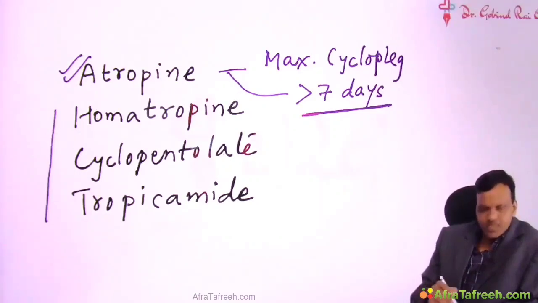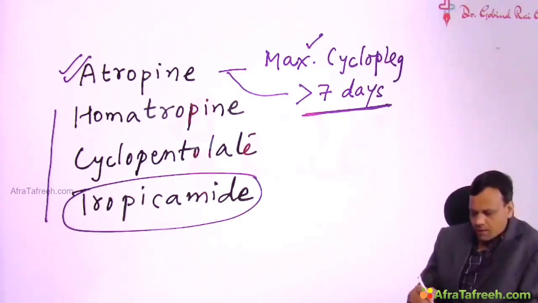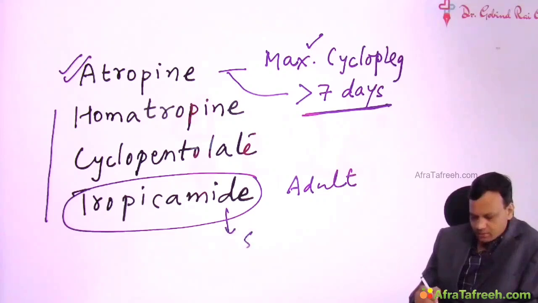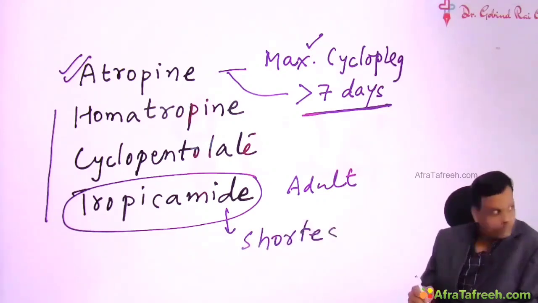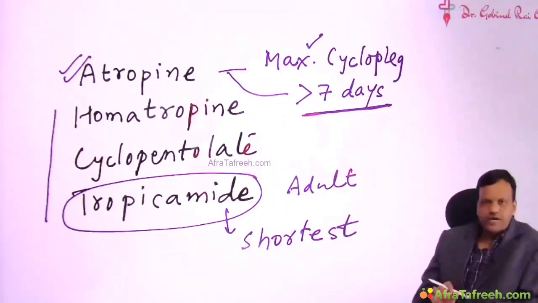So atropine is preferred in children because of strong cycloplegia, but it is not preferred in adults because of long action. So in adults, we will prefer the shortest acting drug, which is tropicamide. So this is the effect of anticholinergic drugs in the eye.